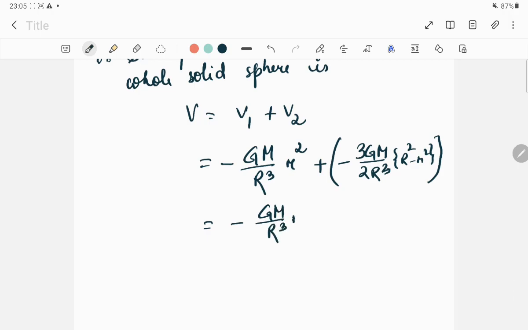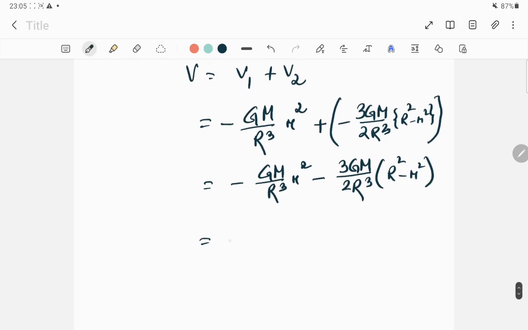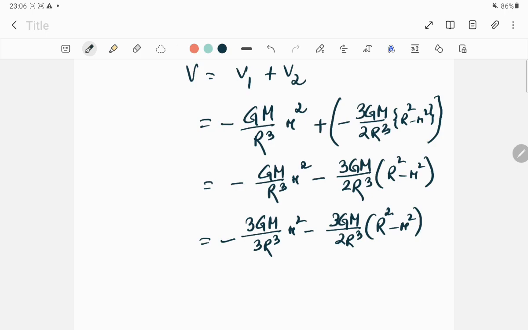GM by R cube into small r square minus 3GM by 2 R cube into capital R square minus small r square. Okay, so what I will do, I will put a 3 here, so it is 3GM and 3 below also. We can do some modification like this. So 3GM by 2R cube capital R square minus small r square.